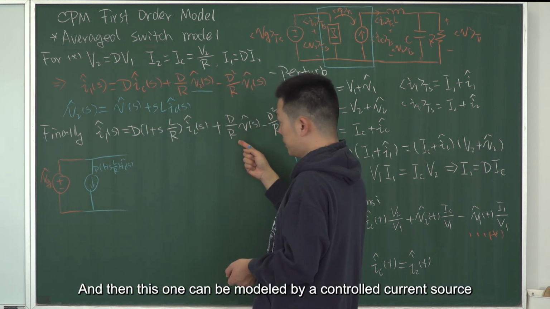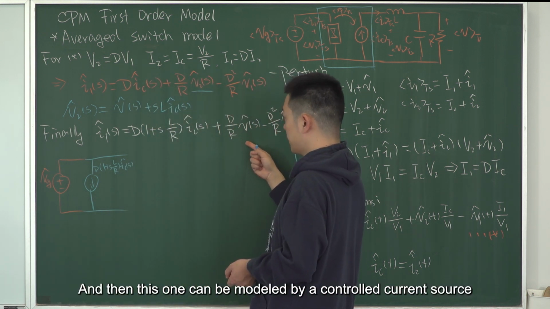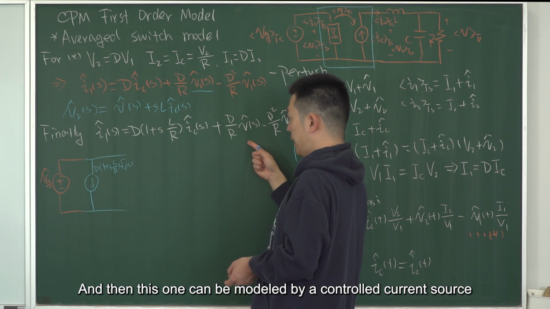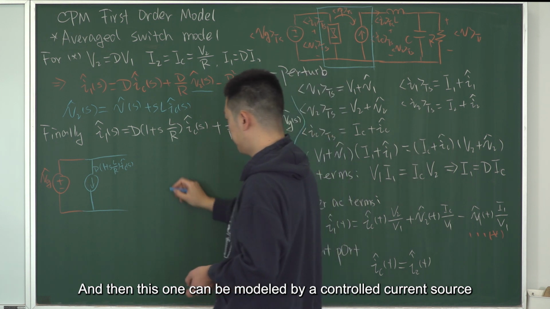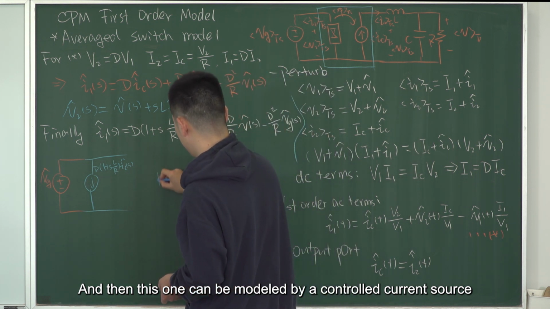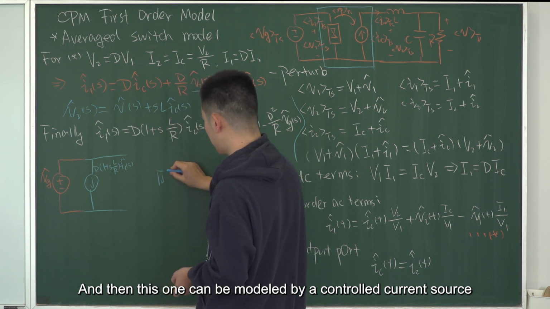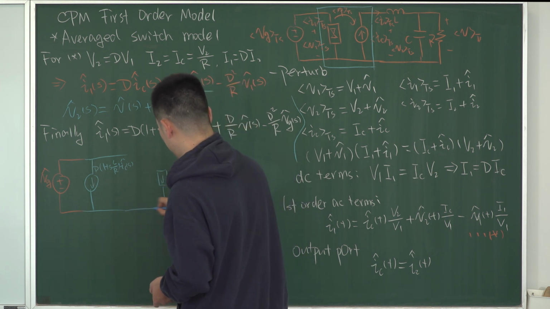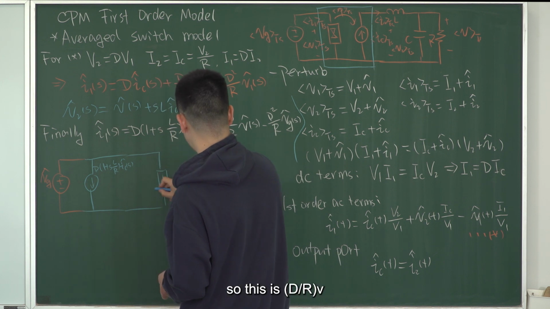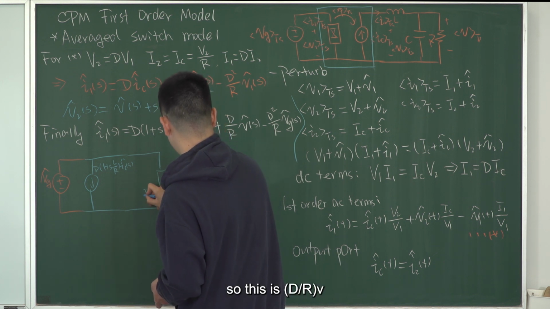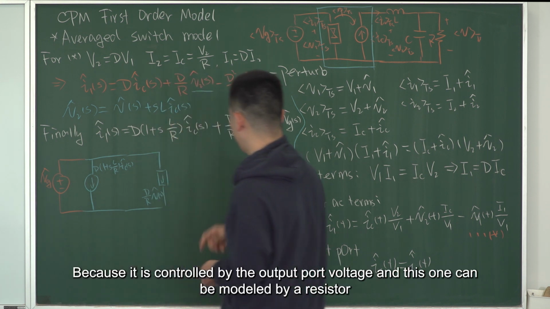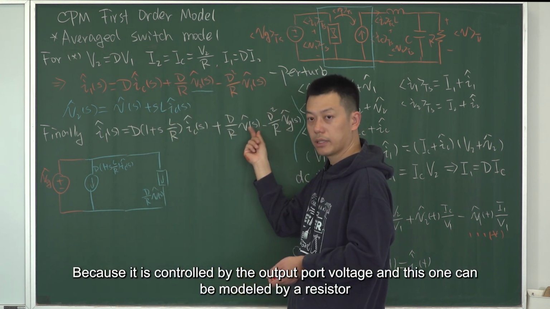And then this one, right? This one can be modeled by a controlled current source. So this is D over R V cap, because it is controlled by the output port voltage, right?